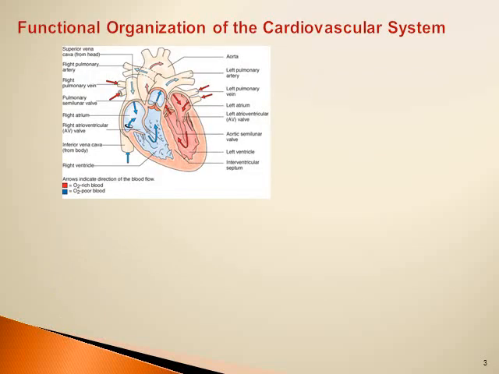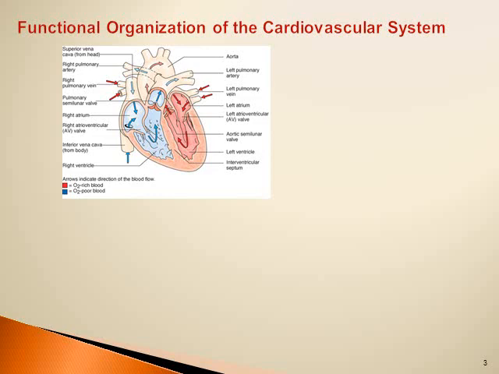As we know from anatomy, the heart is the pump that ejects blood and is responsible for the pressure gradient that is responsible for the flow of blood throughout the cardiovascular system.